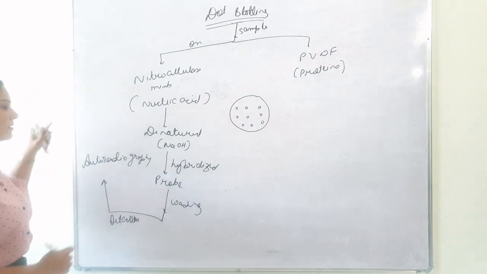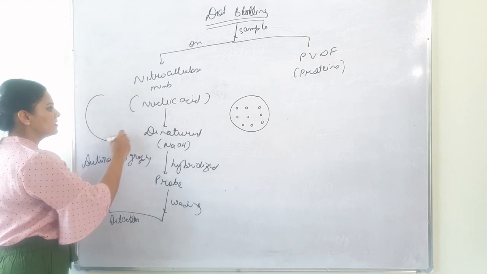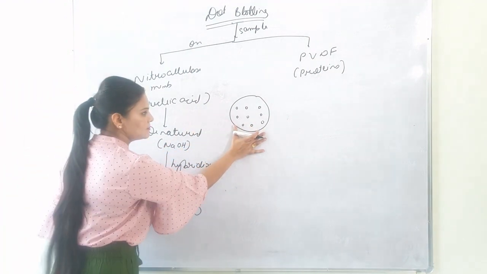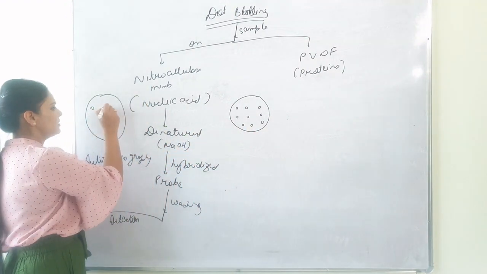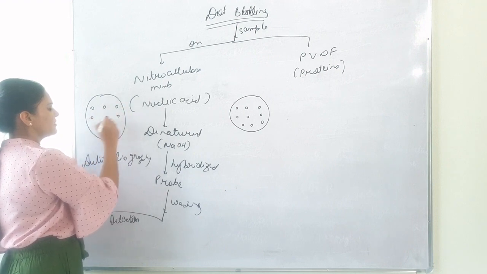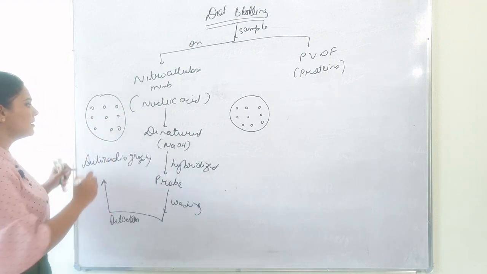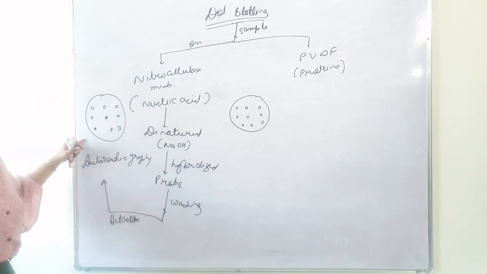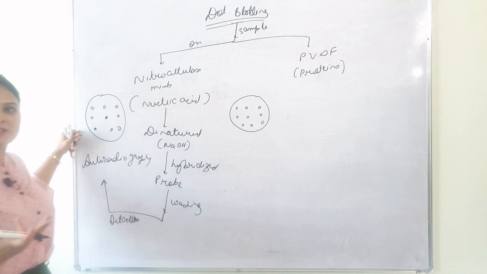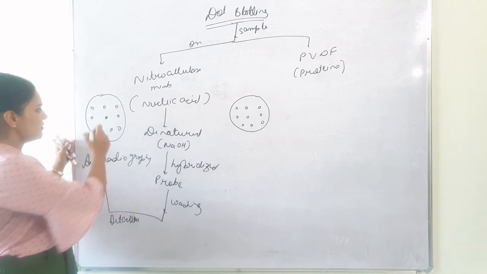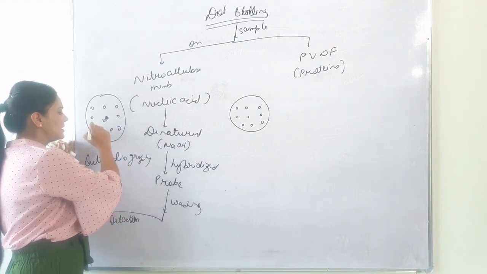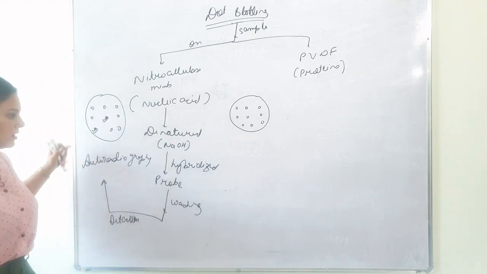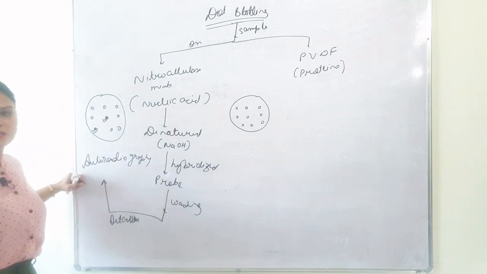In autoradiography, the sample on the nitrocellulose membrane becomes dark where a DNA sequence or an RNA sequence of interest is present, and then we further analyze these detected samples.